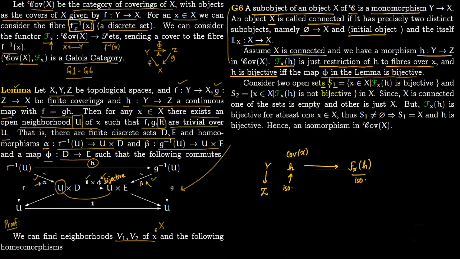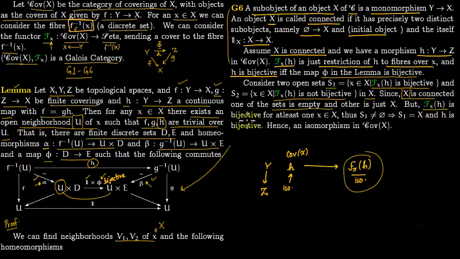So consider two open sets in X: S1 where this is bijective and set S2 where this is not bijective. Since X is connected, these two sets should bisect our set X, because there are only two possibilities: either this is bijective or it is not bijective. So something and not something. These two sets should cover X. But X is connected, so one of the sets is empty. But to check the axiom, we have to assume that this is iso. So at least for some x, this has to hold.